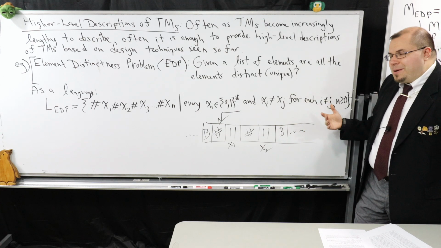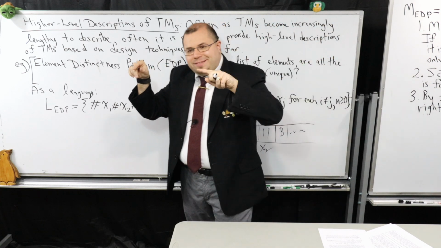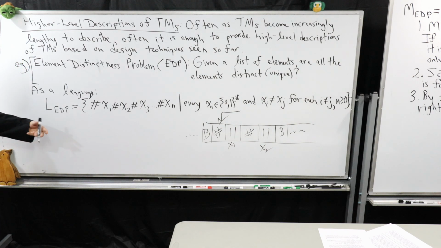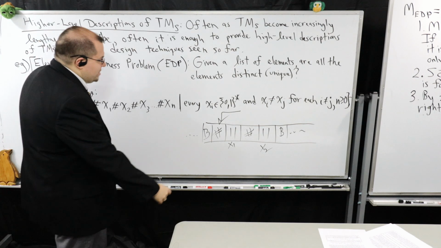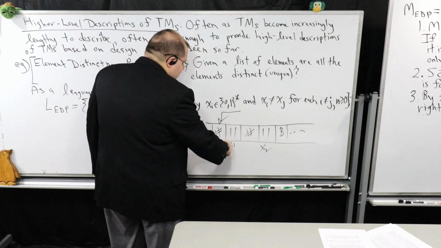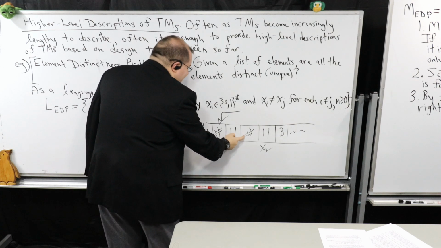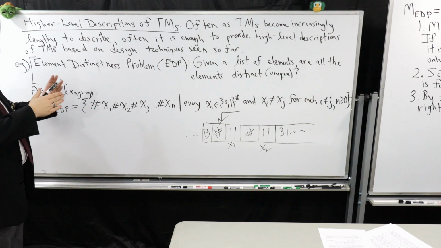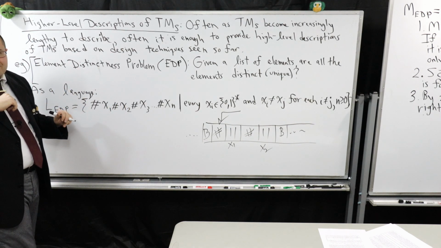If I end up pairing them up, just like I did last day where I zigzag back and forth, and I find they don't match, then most certainly I'm okay, right? The only complication here are these number signs, not dollar signs. I knew I was going to say that. The number signs are just so that I have some way of determining when I'm at the next element in the list.